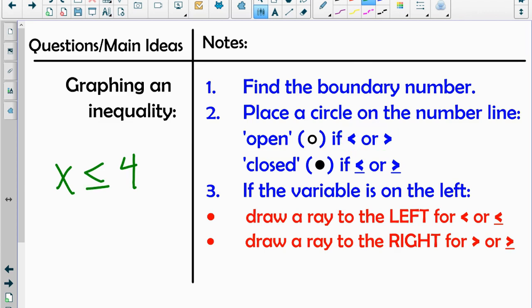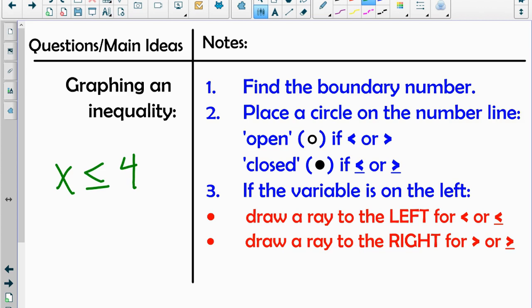Now, if we change this to say x is less than or equal to 4, now we're saying that the boundary number of 4 could also be a solution. Because think about, what would you get if you put a 4 in the place of x here? Would you get a true statement? Is 4 less than or equal to 4? And yes, of course it is.